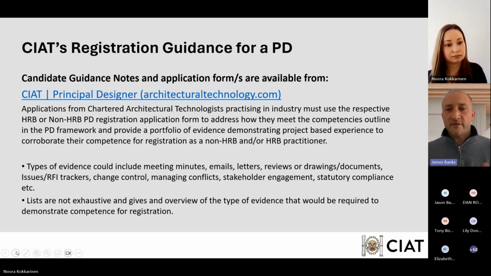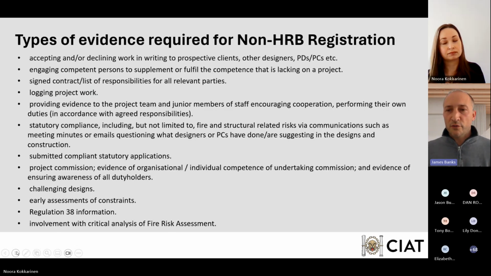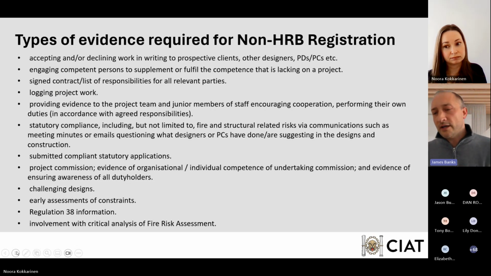And regarding performance evidence, we have worked with a core group of chartered architectural technologists, which formed the steering group as we went through this process, to try and summarize in an easy to understand manner what type of documentation you could provide to enable you to get registration as a PD. So for non-HRB registration, this is a consolidated, concise list which should give you an idea of project-based experiences you can put forward.